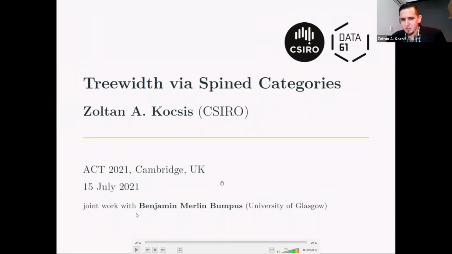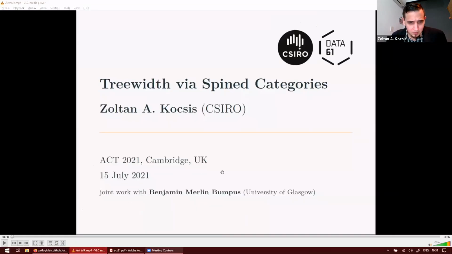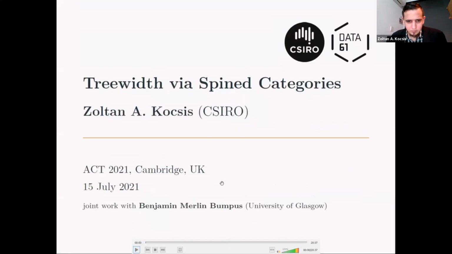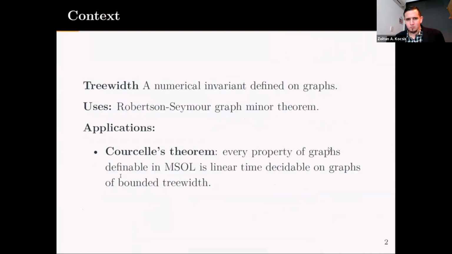If there's technical problems, let me know, and I'll just do it myself. I'll just deliver the talk normally, but it would be better if it worked. So let me mute myself and let's see how things go. So we have Treewidth, which is can people hear that? Yep. Yeah, okay, fantastic. Let's get going.